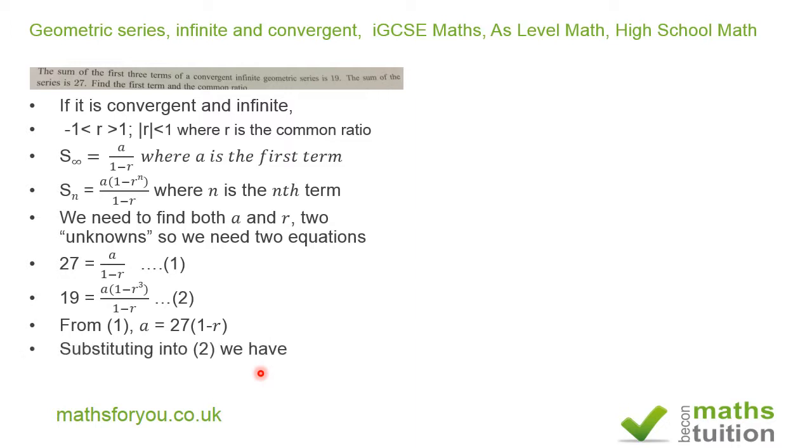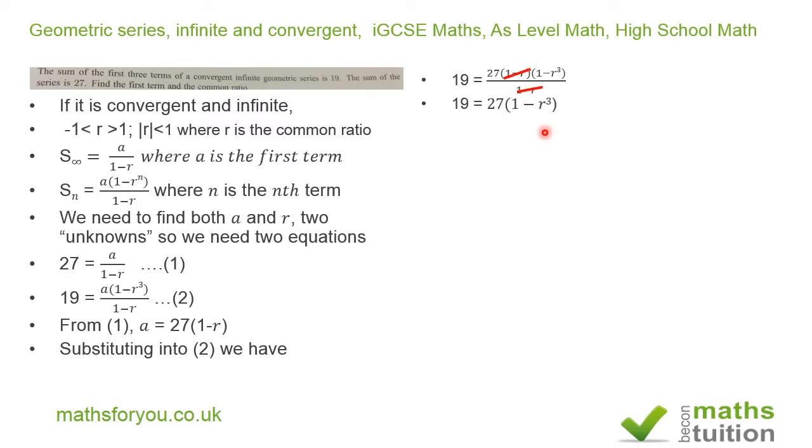Okay, if we then substitute this value of a into equation 2, we have that 27 times 1 minus r, and this value here is a, times 1 minus r raised to the power 3, all divided by 1 minus r, if that makes sense. Now the 1 minus r is cancelled out.